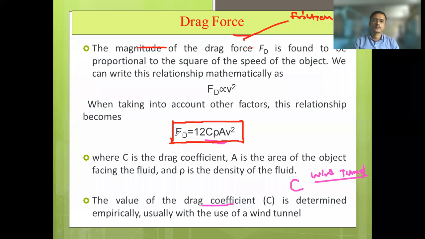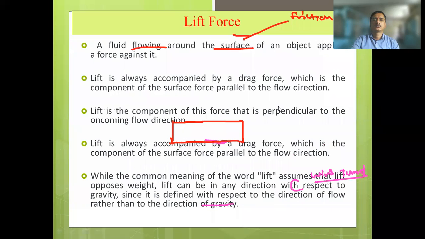Where C is the drag coefficient, A is the area of object facing the fluid, and rho is the density of the fluid. Okay, this was about the drag.